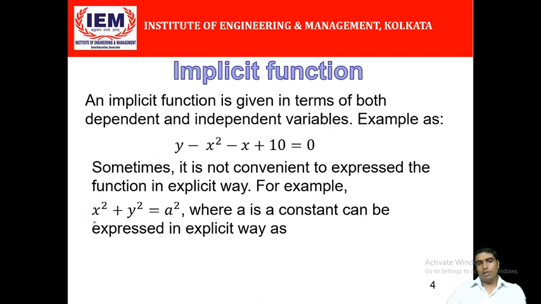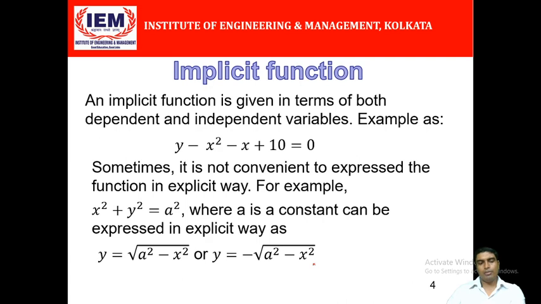Then if I want to express it in the explicit way, the left hand side should be exactly equal to y, some function. Then either y equal to square root of a square minus x square, or y equal to negative of square root of a square minus x square, right? So y has two representations.